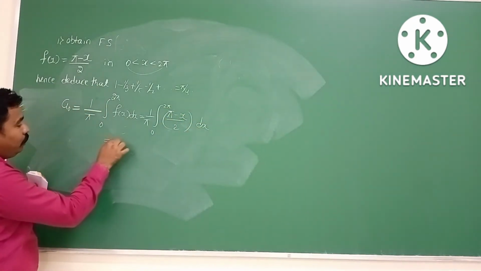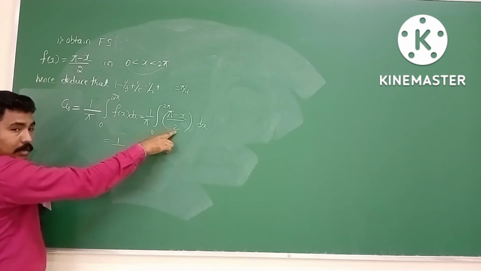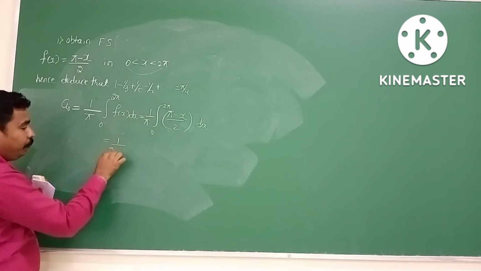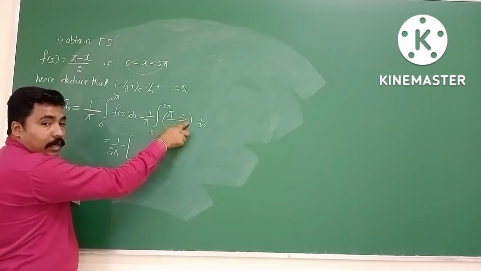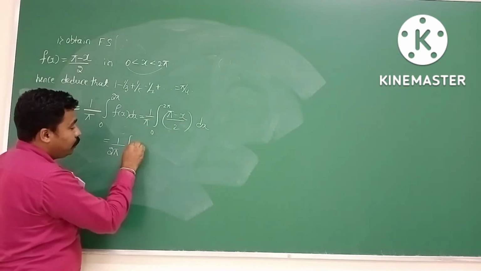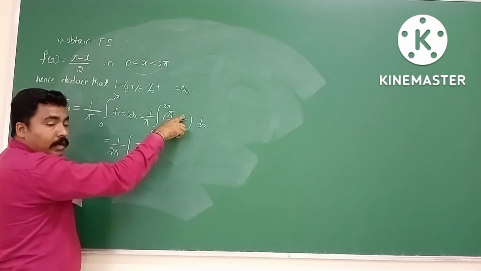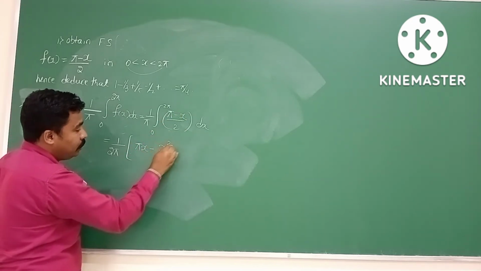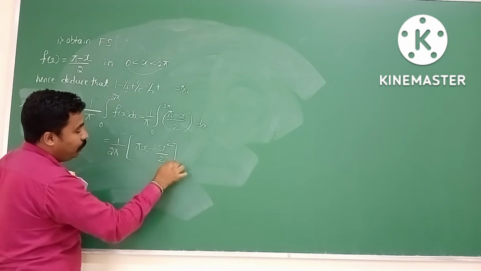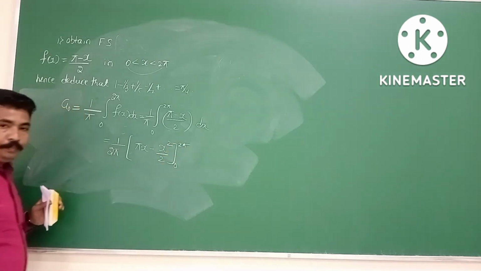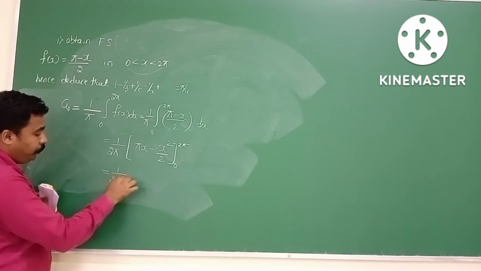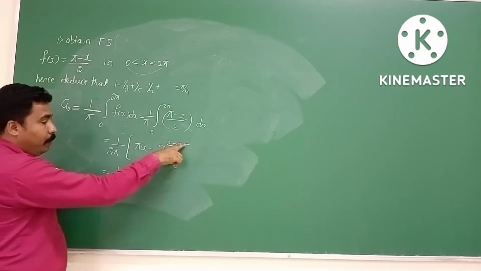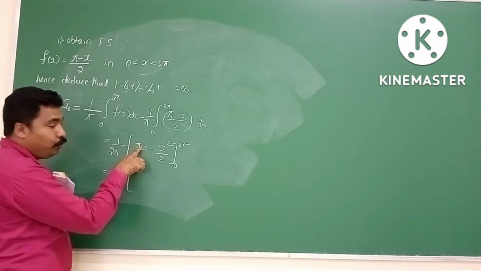So that is equal to 1 by 2 pi. The constant free term, take it outside, that is 1 by 2 pi. We are left with pi minus x. Integration of pi with respect to x is pi x. Integration of x with respect to x is x square by 2, between the limits 0 to 2 pi. If I operate the upper limit, x value is 2 pi.